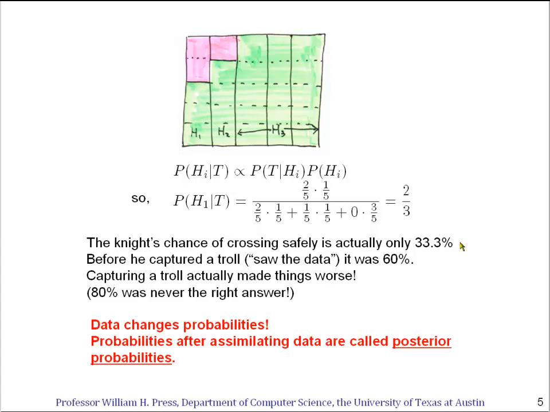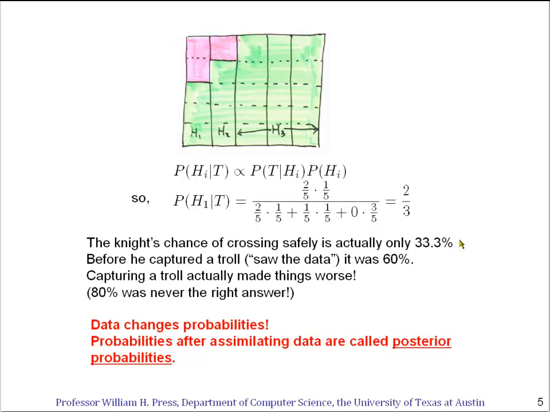So what conclusions can we draw from this? Here's the main lesson that we've learned. Data changes probabilities. There was a probability of him crossing safely before he saw the data, and that was 60%. And there's a probability of him crossing safely after he saw the data, and that is 33.3%.